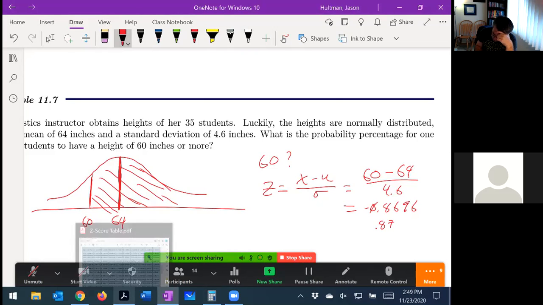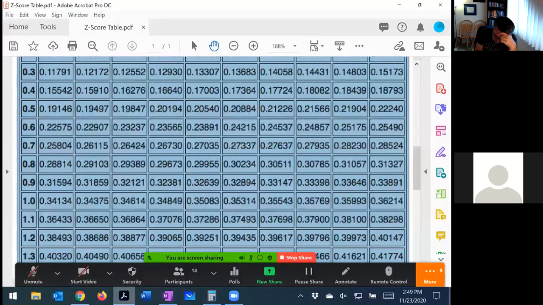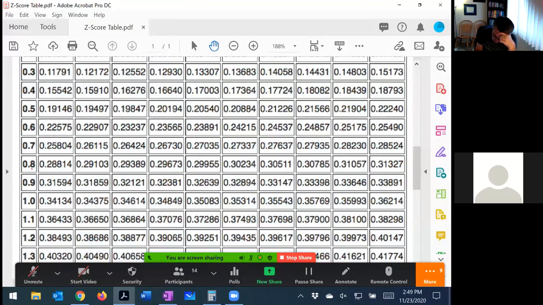Okay, look in my table here. 0.8 is right here. 0, 1, 2, 3, 4, 5, 6, 7. I'm getting 0.30511.